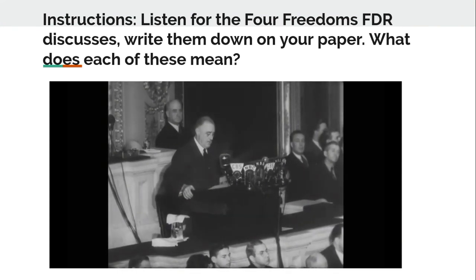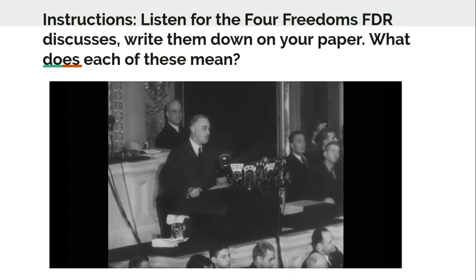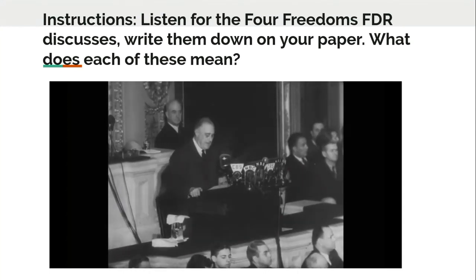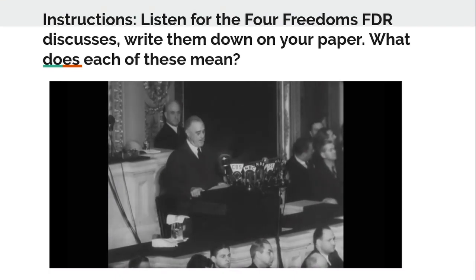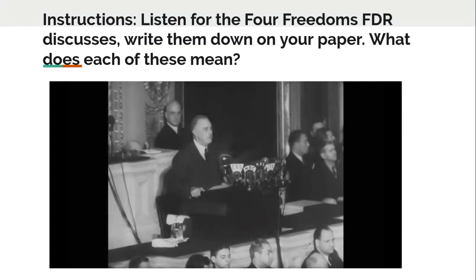Our support goes to those who struggle to gain those rights and keep them. Our strength is our unity of purpose to that high concept. There can be no end save victory.